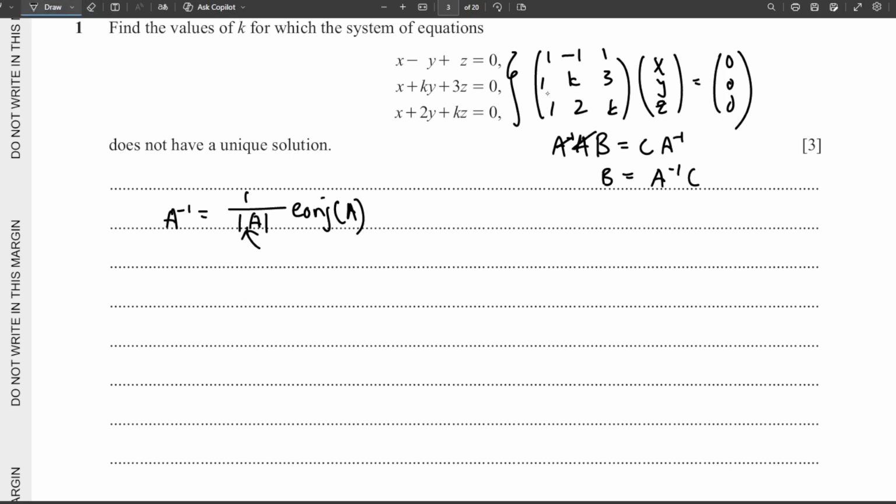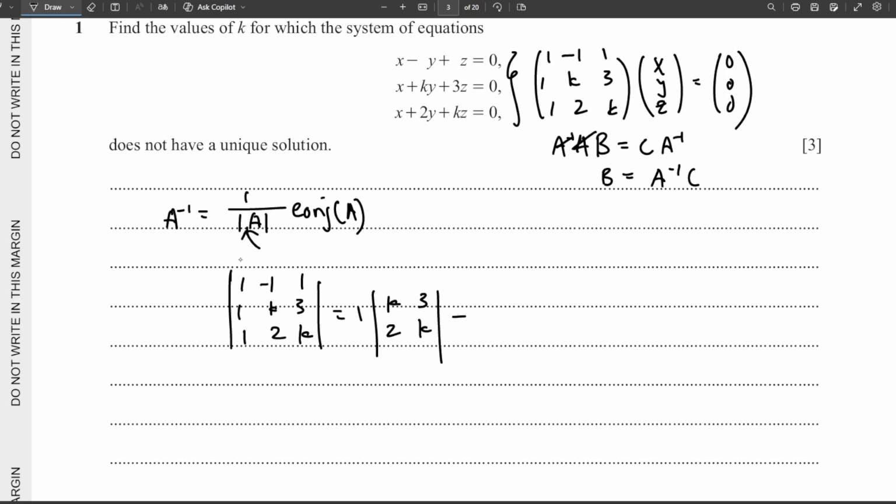So how do we solve this question? We have the matrix and we can find the determinant, so I'll write it in determinant form. You can take any of the rows, but usually we take the first row. So we take 1 multiplied by, cover the row, cover the column, you are left with k, 3, 2, k.